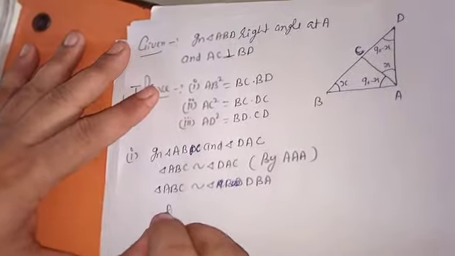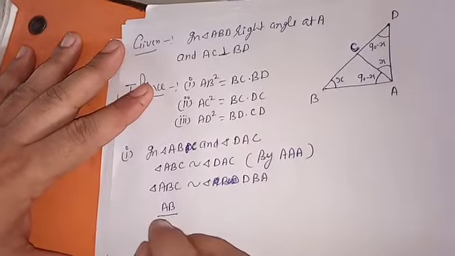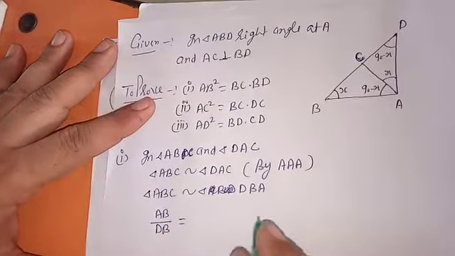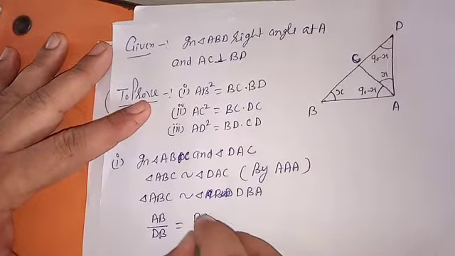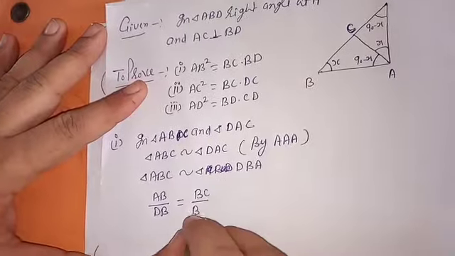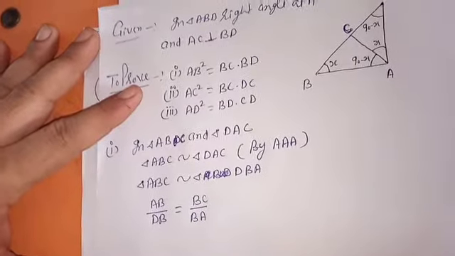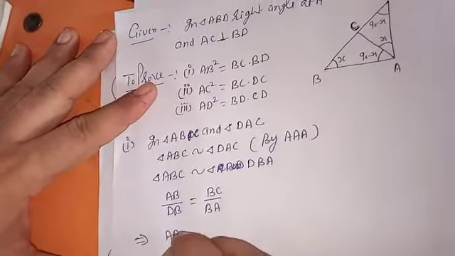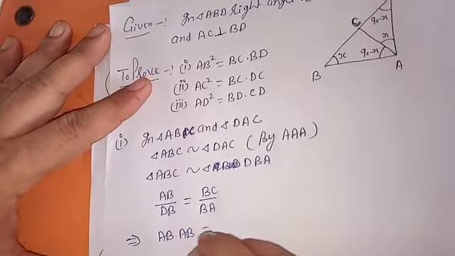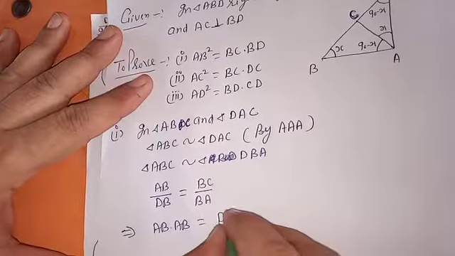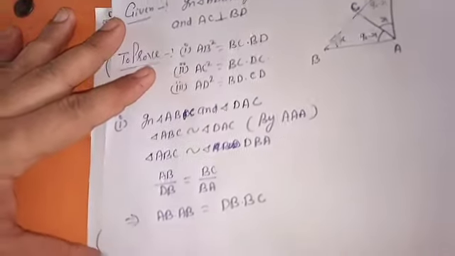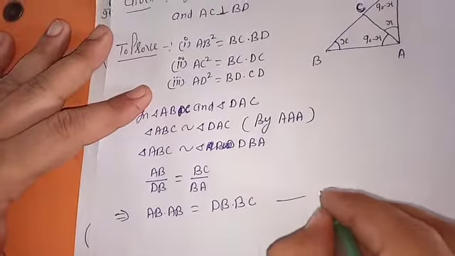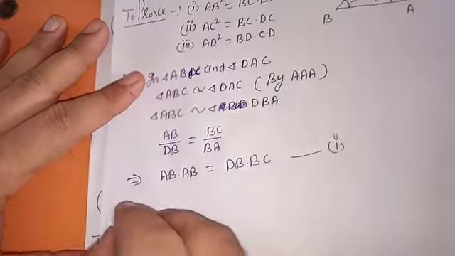So AB by DB is equal to BC by BA. Yes or no? This implies, cross multiplication, AB square is equal to DB into BC. Understood? This is your proof of first part.